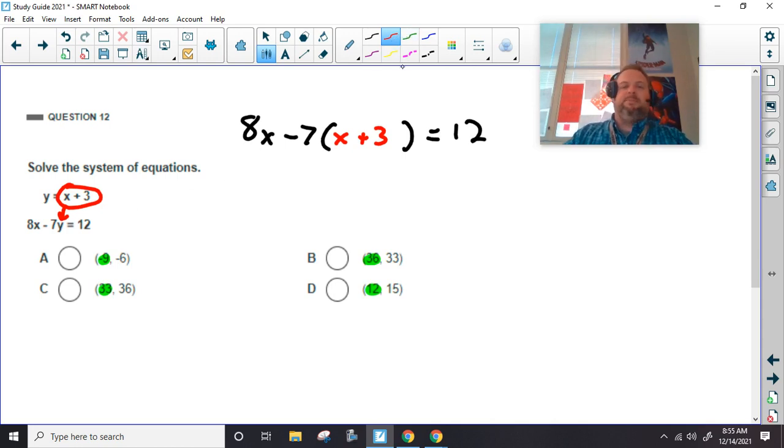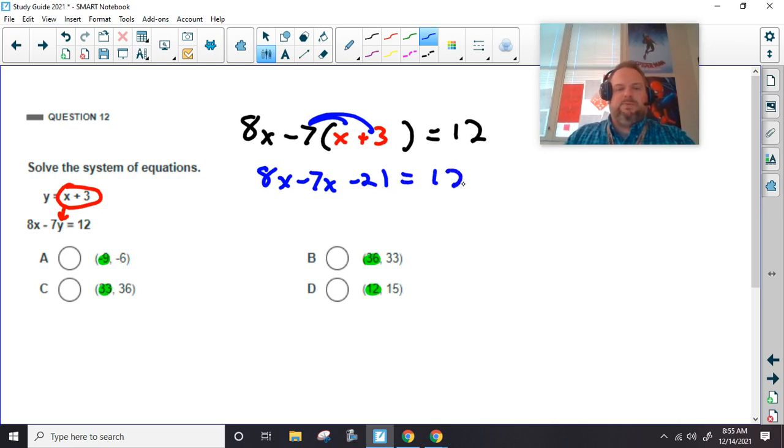So I substituted in. I'll just plug this in. So now I have 8x, and I'm going to treat this as a -7, so minus 7x minus 21 equals 12. When I clean this up, this is x, not equals yet.